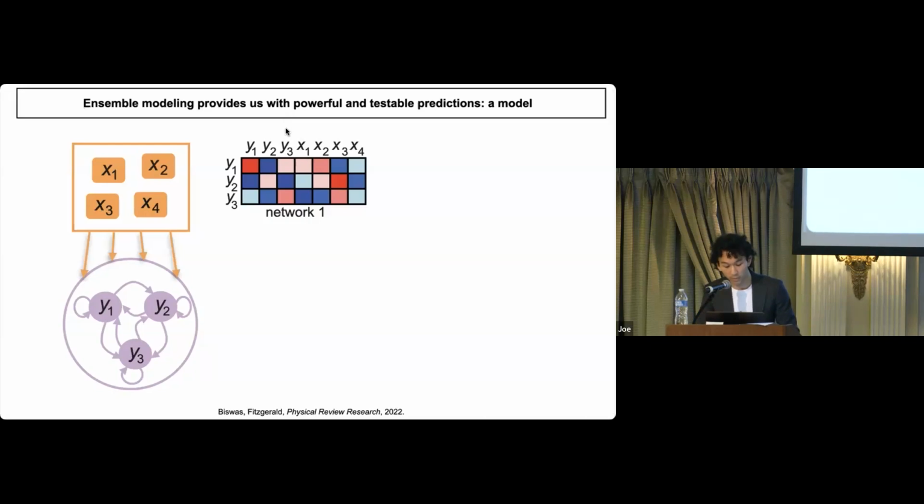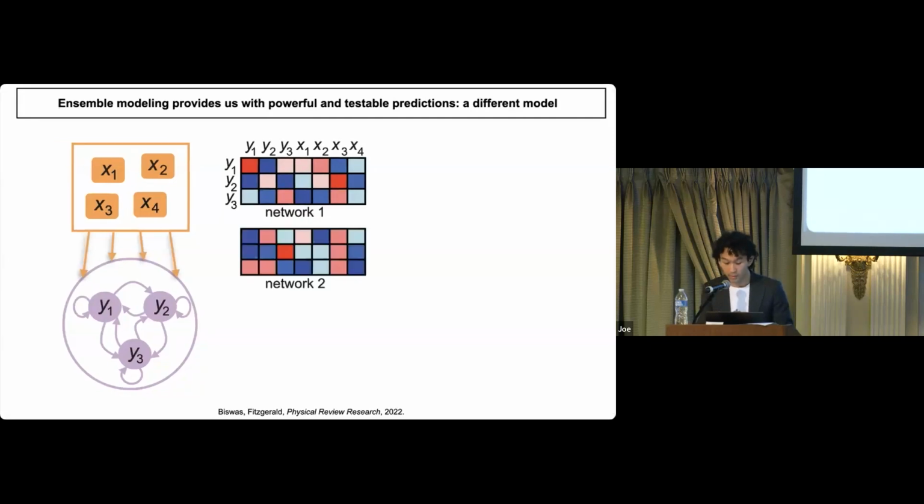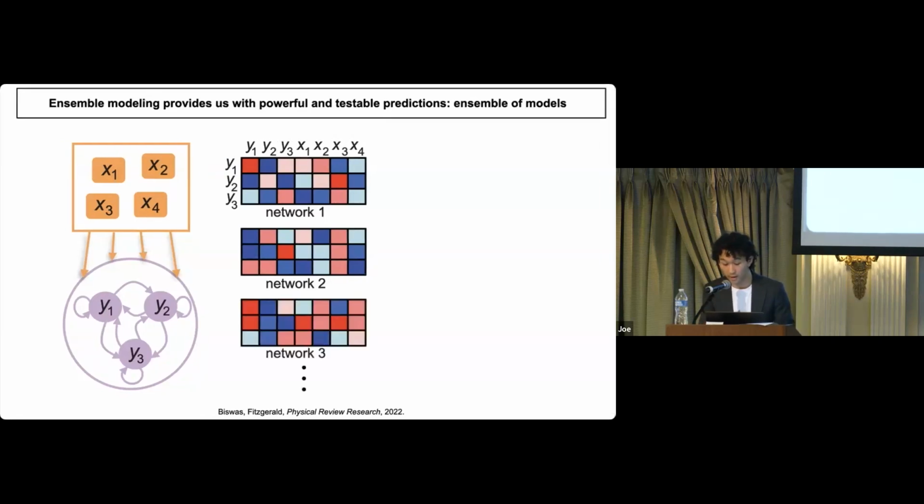And where also red means the positive weights and blue means negative weights, that would recreate the original patterns of neural network activity. However, this set of weights might not be unique. You can as well find a different set of weights that will also recreate the original patterns of activity. And in fact, you can keep going and finding more and more of these candidate models.